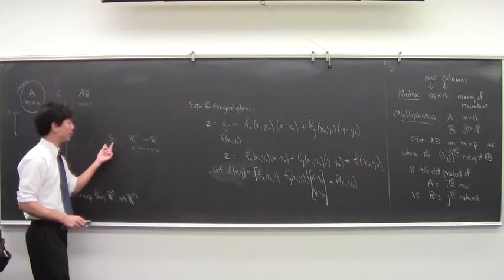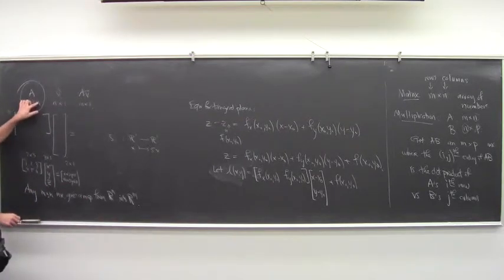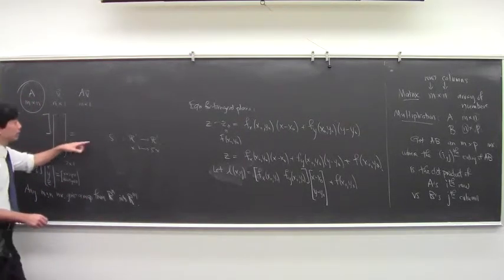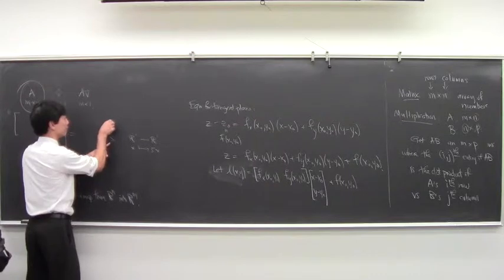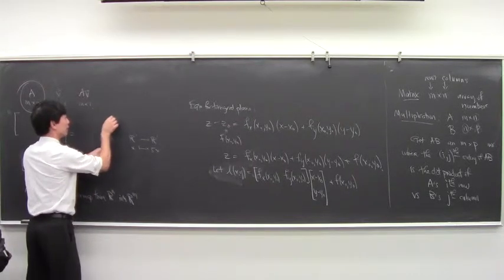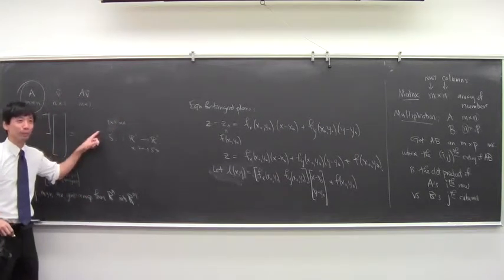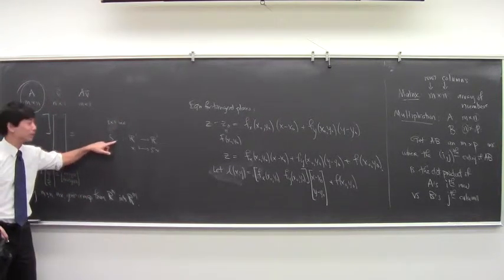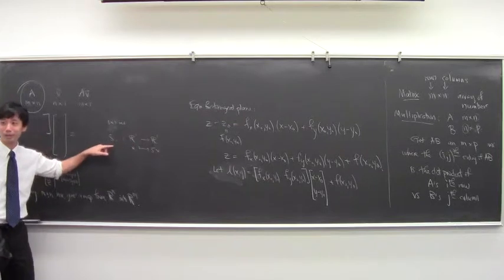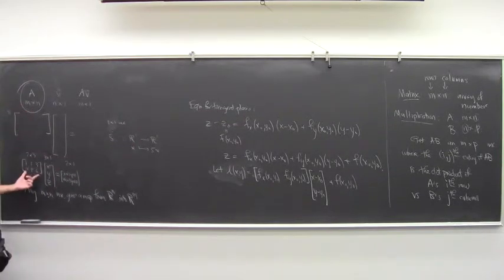You didn't realize it when you were a kid, but this 5 is actually a 1-by-1 matrix, and as such it gives you a map from R1 to R1. This guy is a 2-by-3 matrix. It gives you a map from R3 into R2.